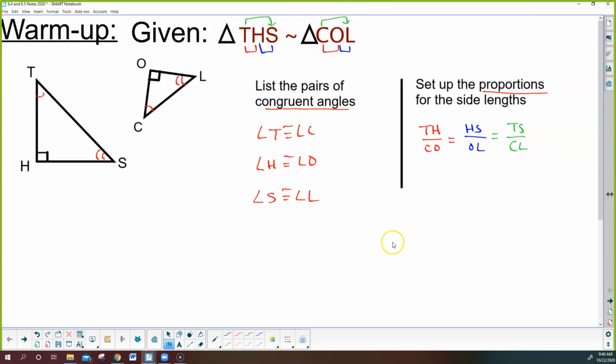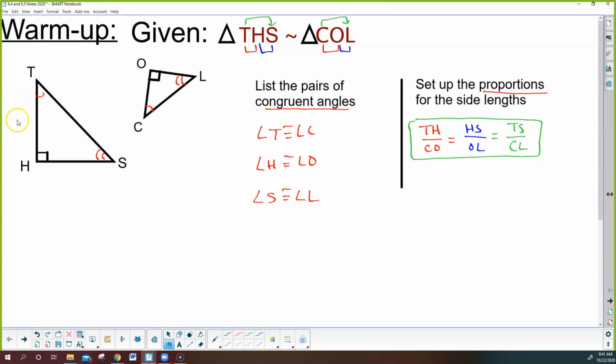Now, how would you find the scale factor? You take your ratio of corresponding sides. That's what this is, the proportion or the ratio of corresponding sides all matched up. So if I had some numbers, I'm just going to make this up.